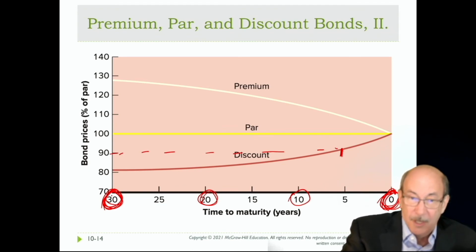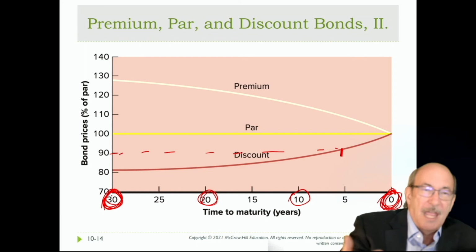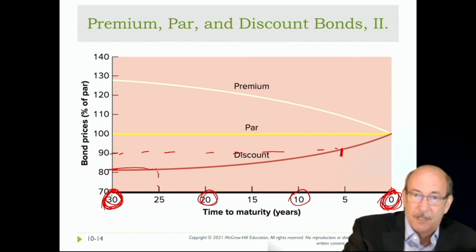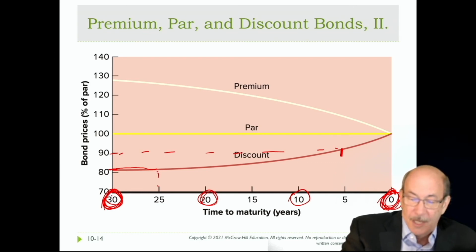But if we have that same difference between market rate or yield and the coupon rate of the bond, and it's 25 years to maturity, that puts us closer to 82.5% of par.